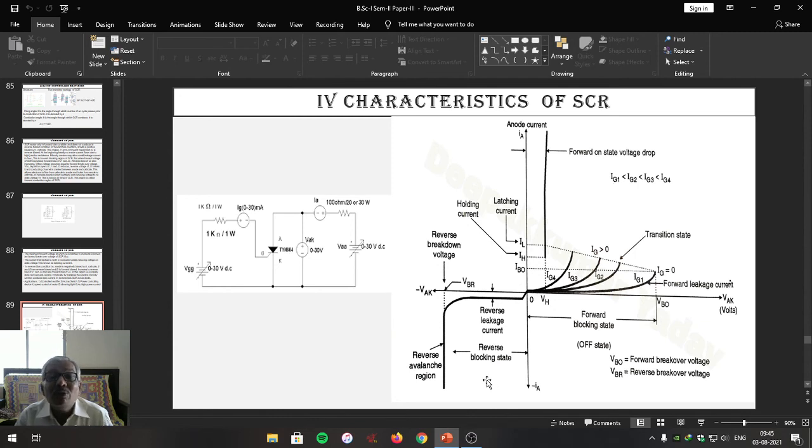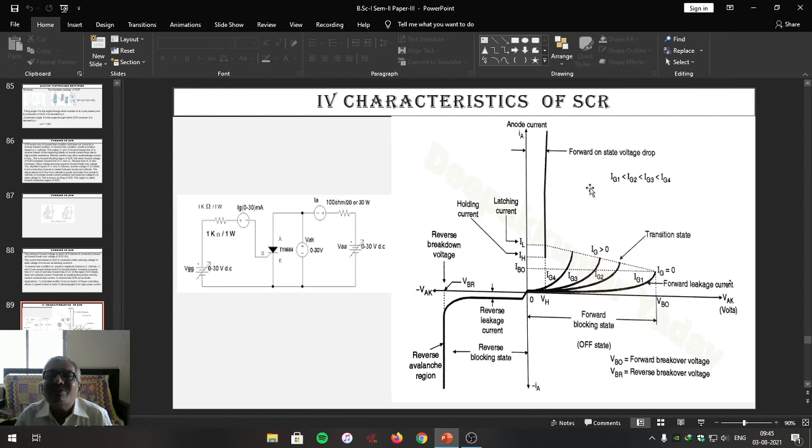Here we conclude that by controlling the gate current, one can reduce the firing angle and increase the conduction angle by reducing the forward breakover voltage every time, so as to increase the anode current and increase the power through that particular device.